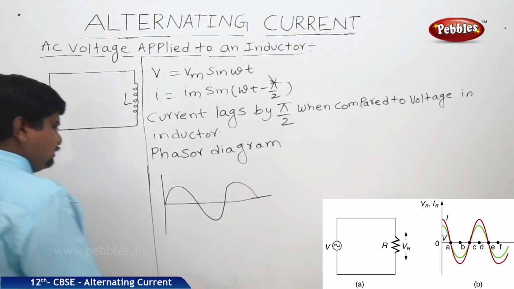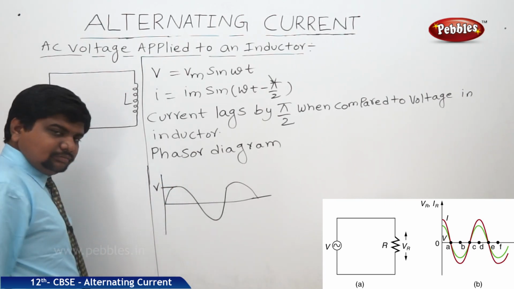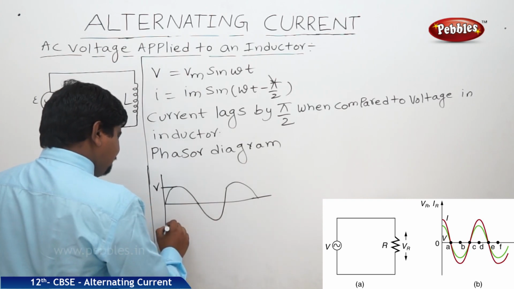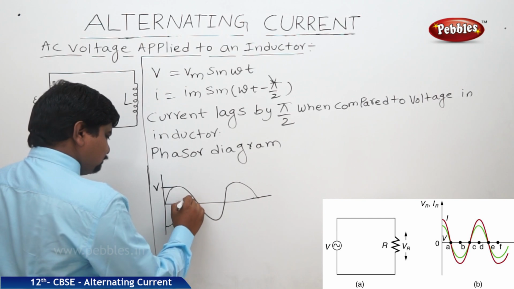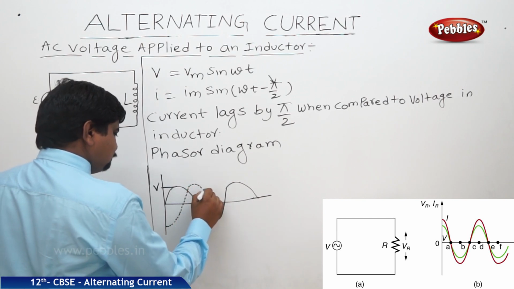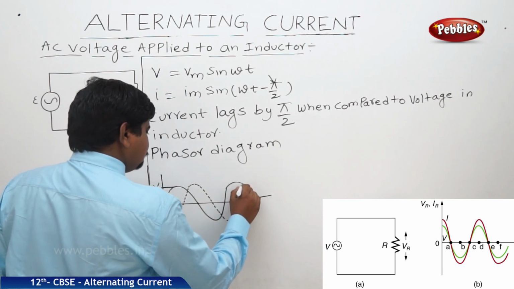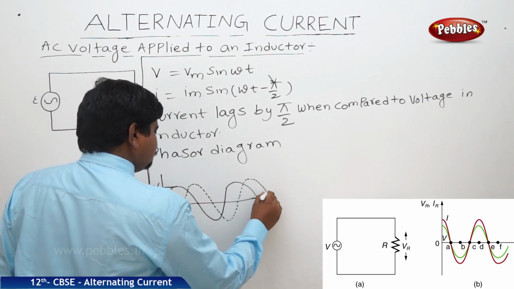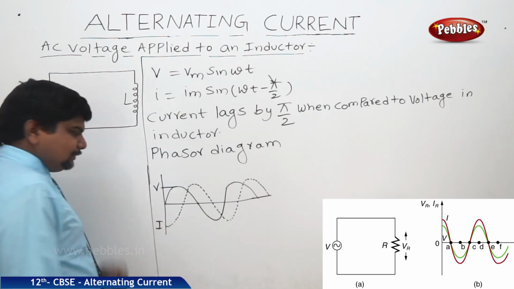I is lagging. That means we can write this is V. But I is lagging means lag by pi by 2. So this is I lagging.